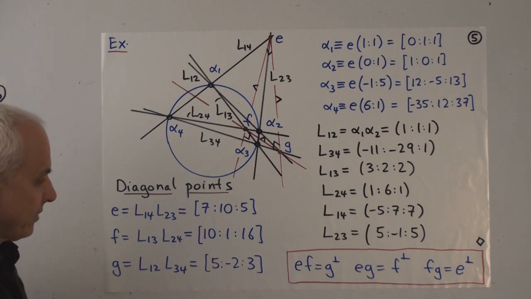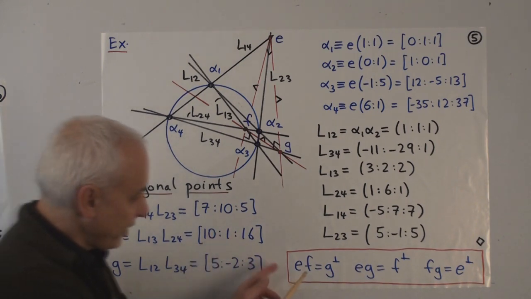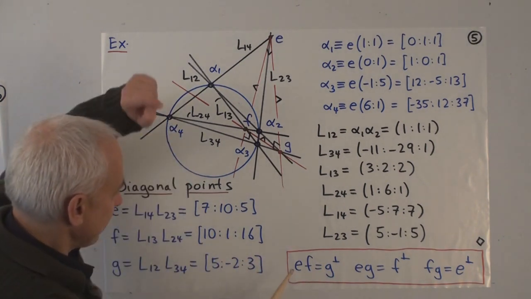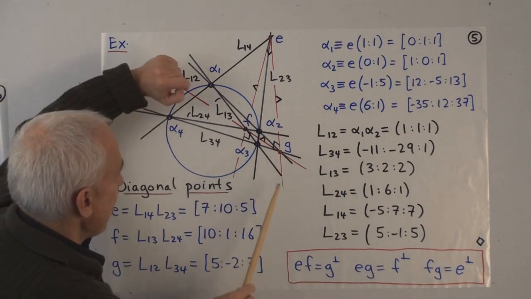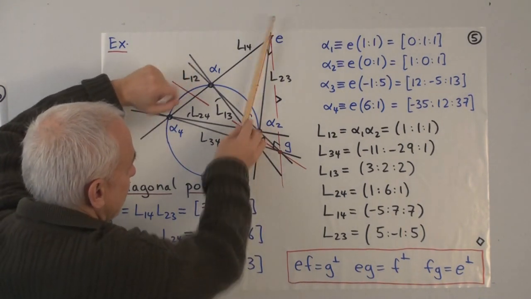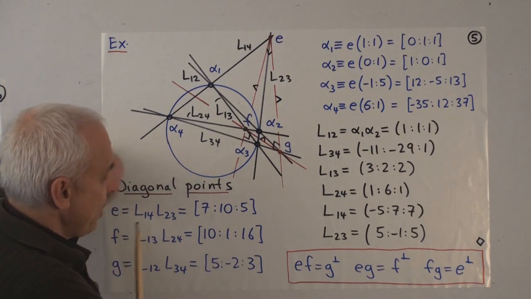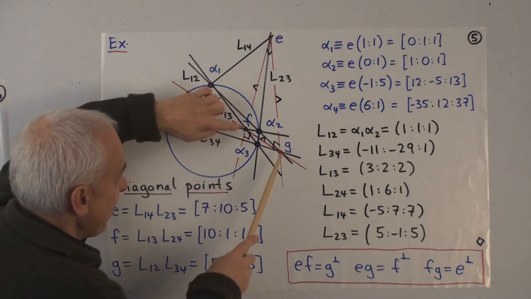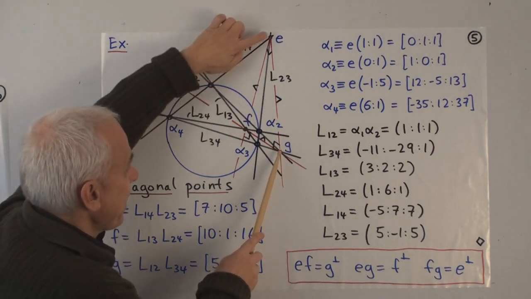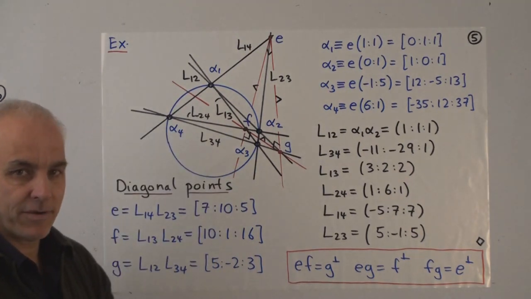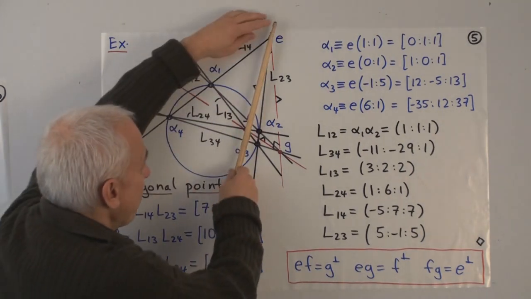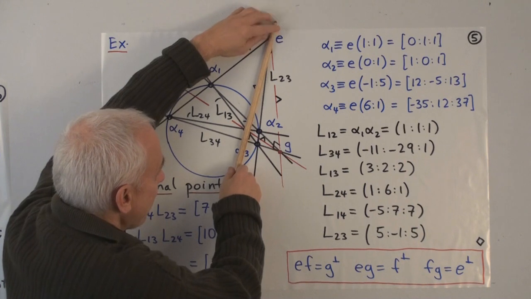How can we check that? Well, this is really saying that, let's have a look at this one. EF, right here, we're saying that's the dual of G. That amounts to the statement that F and G are perpendicular and that E and G are perpendicular. As I remind you, perpendicularity is defined in terms of duality.